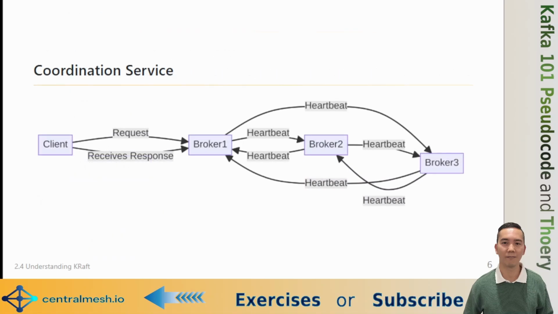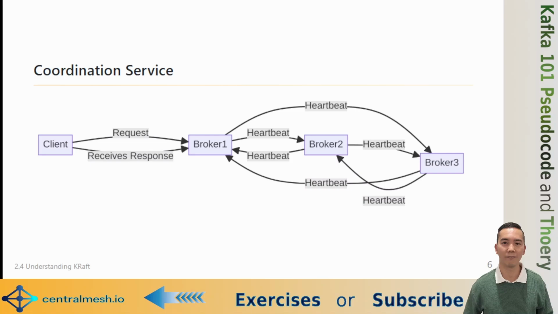Let's walk through an example to see how KRaft acts as a coordination service. Now we have three brokers: broker 1, broker 2, and broker 3. KRaft is managing all of them. Each broker is sending a heartbeat to KRaft to indicate it's alive and functioning. But what happens if one of these brokers, say broker 1, stops sending its heartbeat?